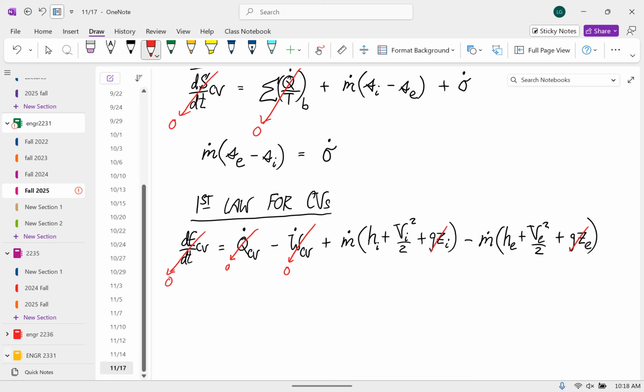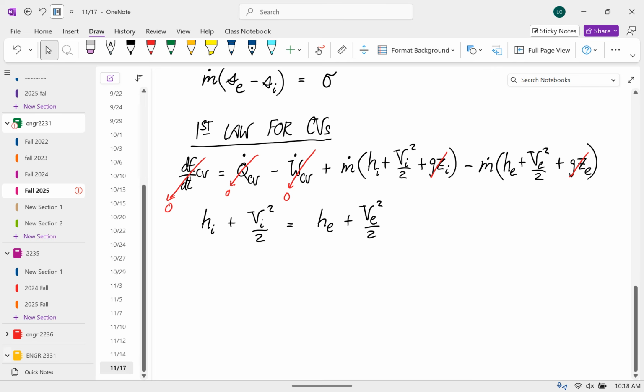And so what we have, if we divide this equation by m dot, is hi plus vi squared over 2 is equal to he plus ve squared over 2.